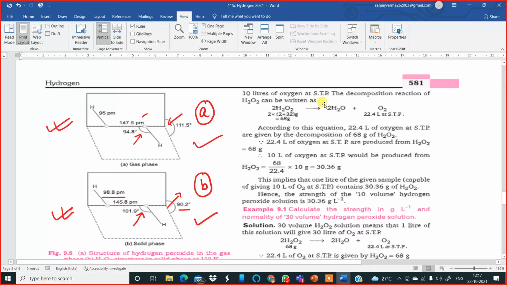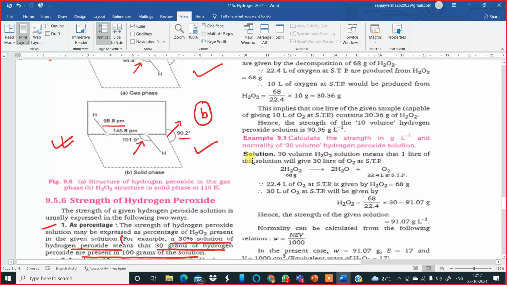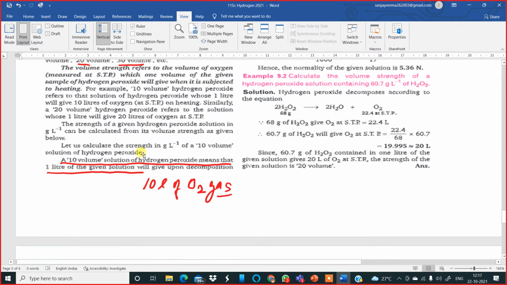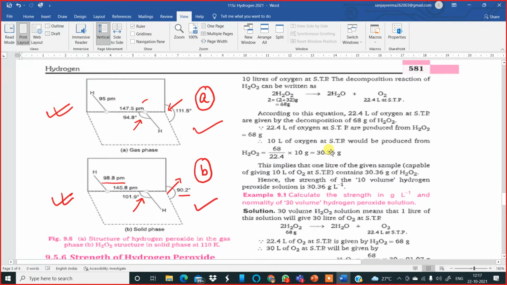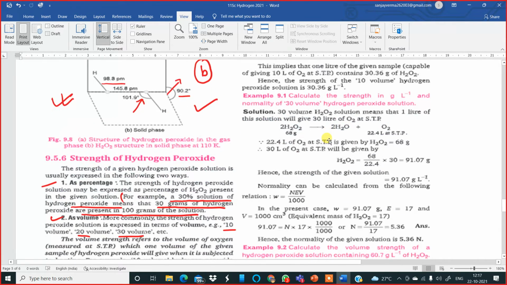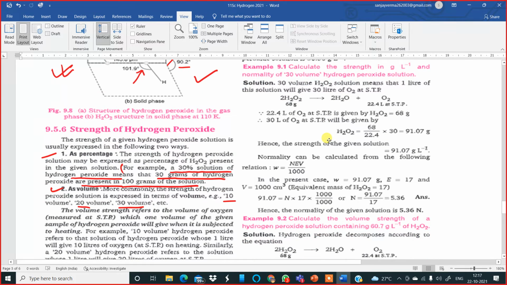So 10 volume solution of hydrogen peroxide means 1 volume of hydrogen peroxide will give you 10 liters of oxygen at STP. Based on this, there are some numericals given over here. Example 9.1.